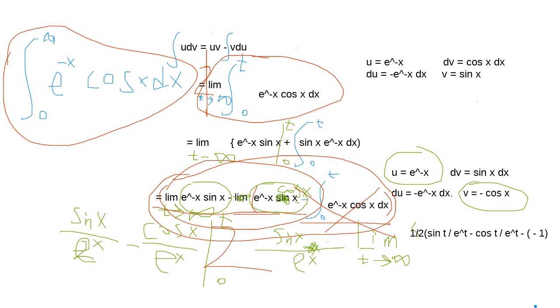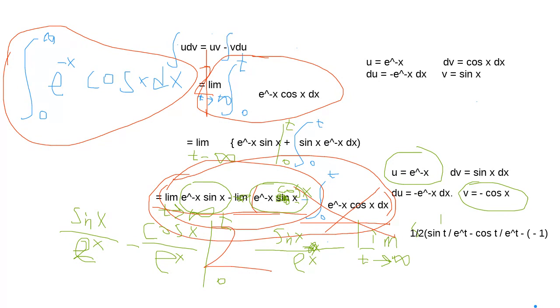Okay, now let's see. Sine t, limit when t goes to infinity. Remember the identity? Sine t over e to the t. That's 1, right? So this one is 1.